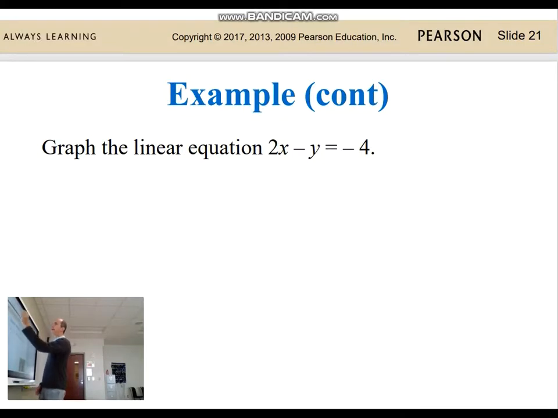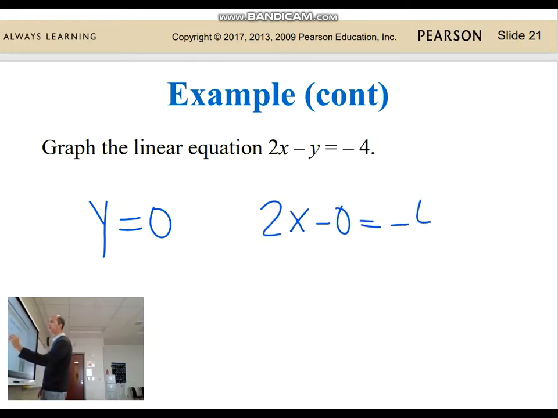Let's make y equals 0. Then we will have 2x minus 0 equals negative 4. Divide both sides by 2, x equals negative 2. That's a good one.